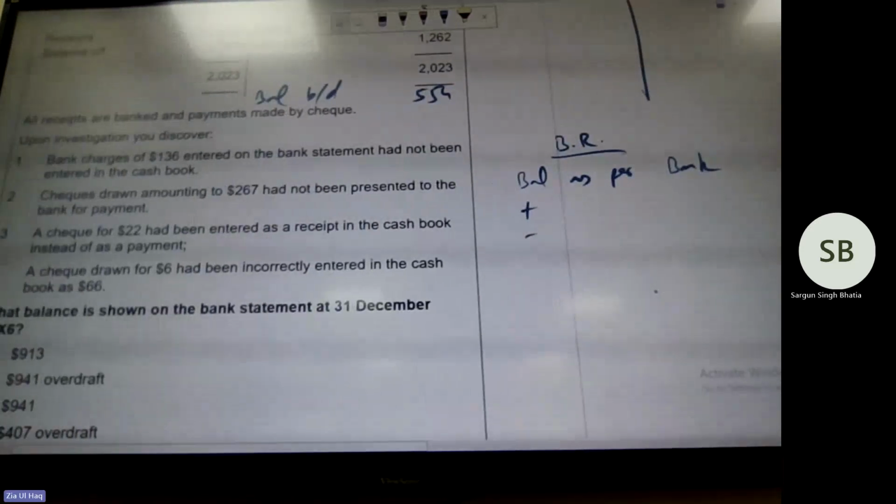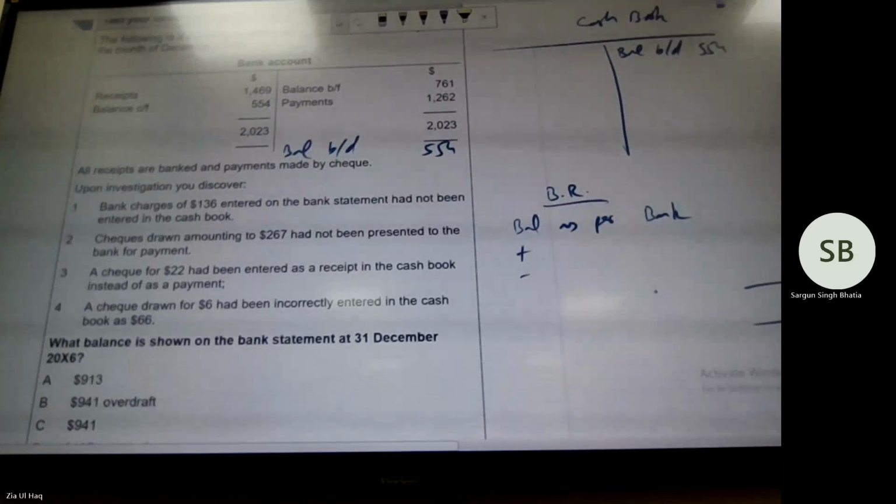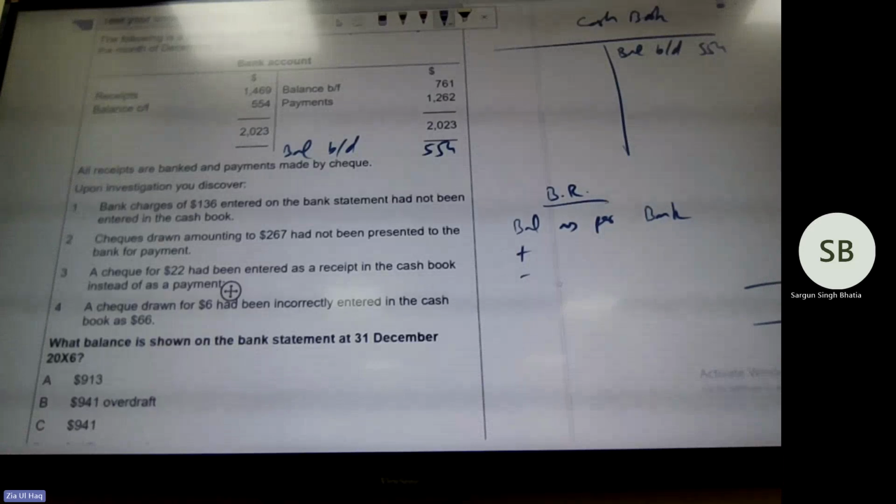But we need to adjust these entries. Let's see. All receipts and payments made by check are banked. Upon investigation, you discover bank charges of 136 entered on the bank statement had not been entered in the cash book. Is that our mistake or not our mistake?